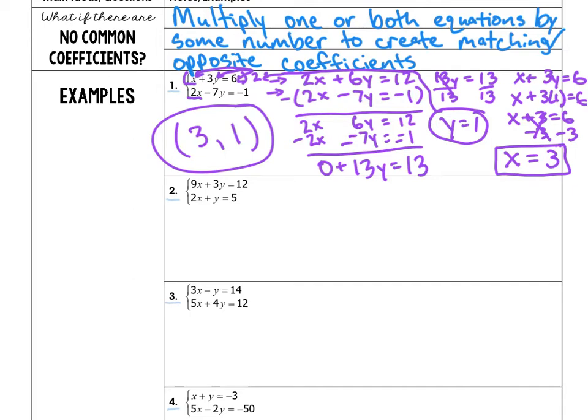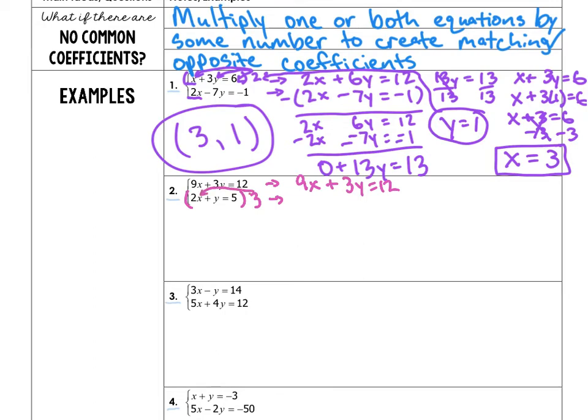So what I'm going to do is multiply down here by 3 in order to get a 3y. So the top equation will remain the same: 9x plus 3y equals 12. Now the bottom equation, don't forget that I'm distributing this 3.